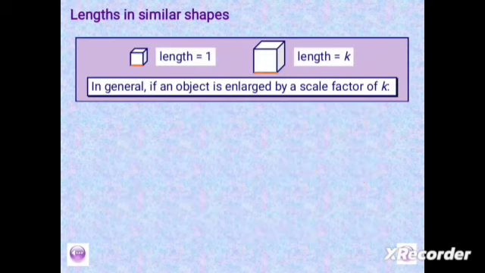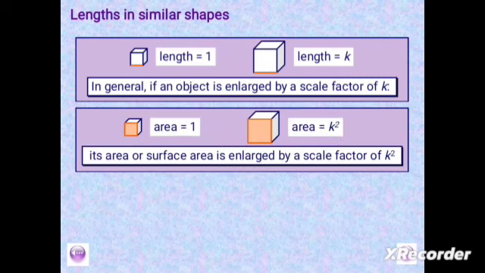Now in summary, if an object is enlarged by a scale factor of k, so given an object of length 1, or we can say the length of an object of length k, then its area and surface area is enlarged by a scale factor of k squared.